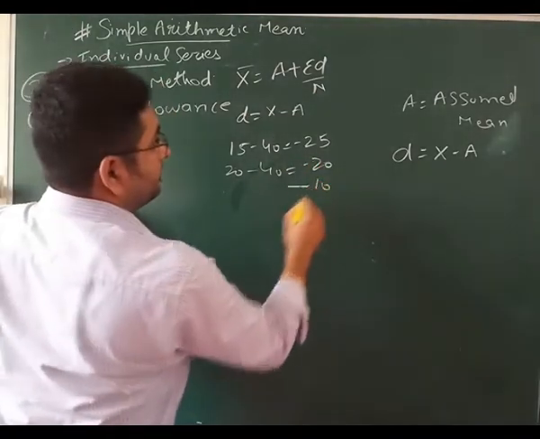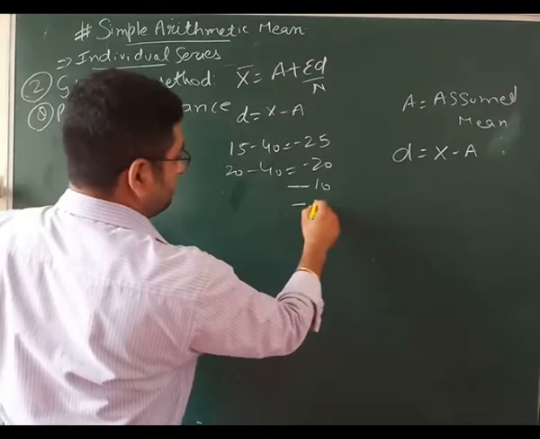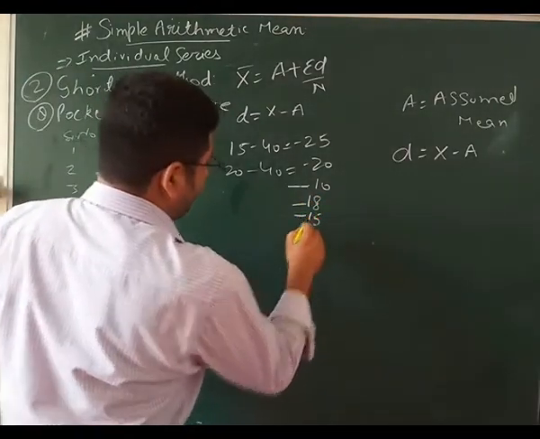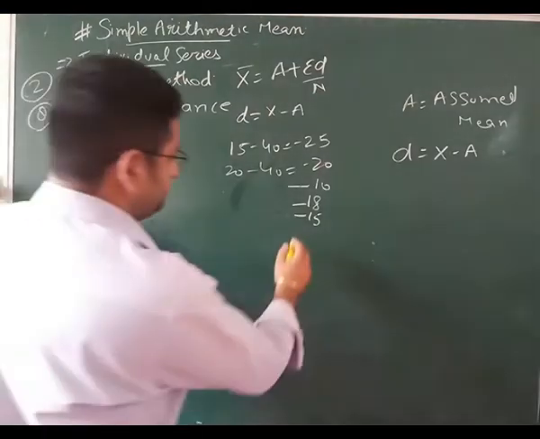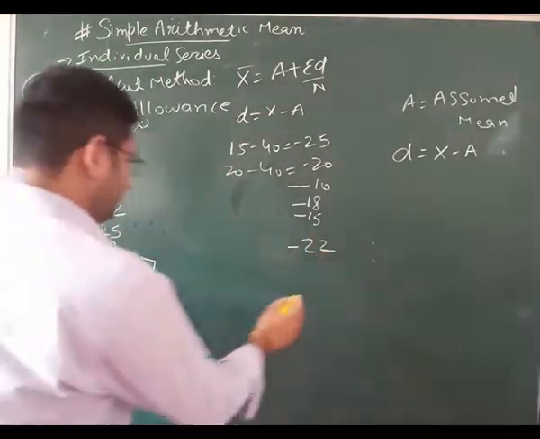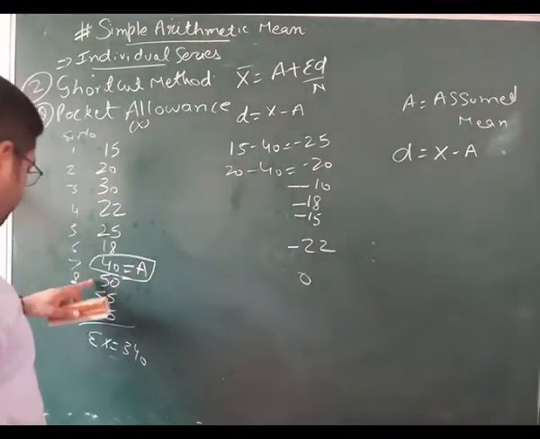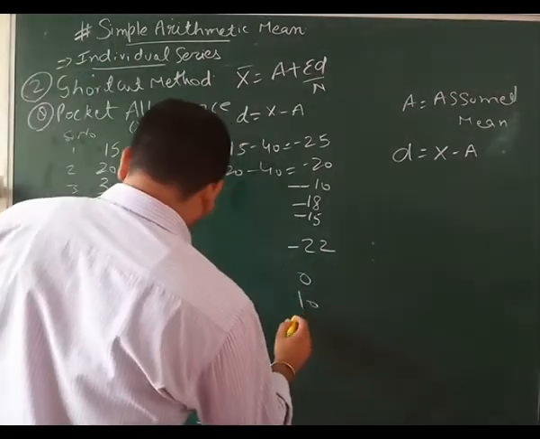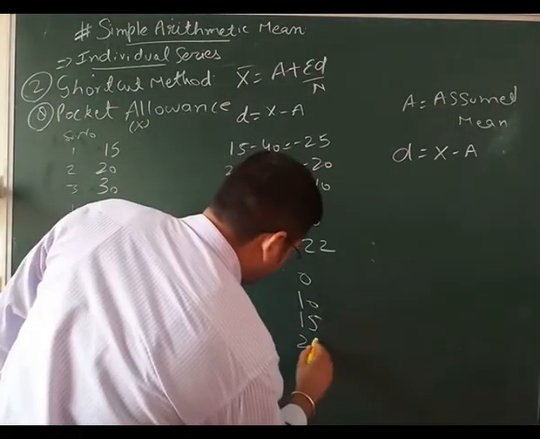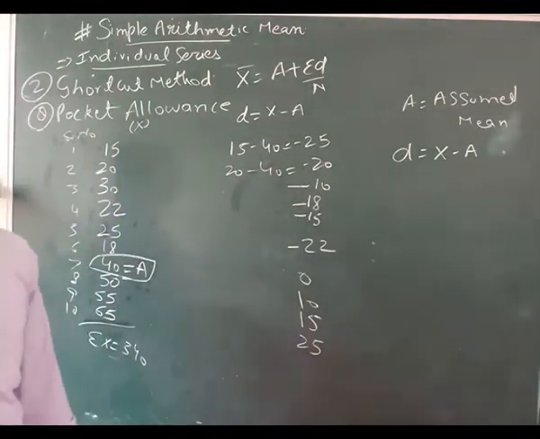Likewise, minus 10, minus 18, minus 15 and minus 22. Here it comes out to be 0, 10, 15 and 25.